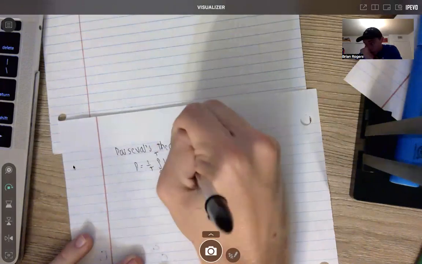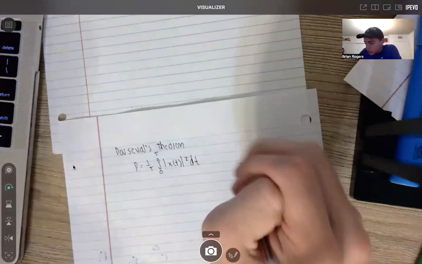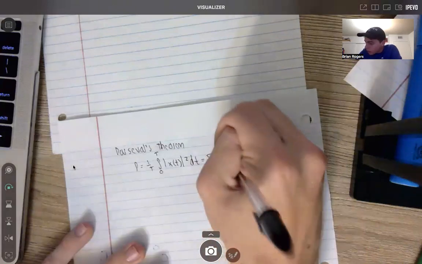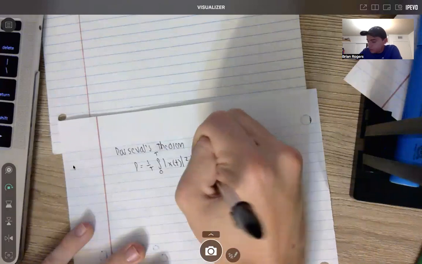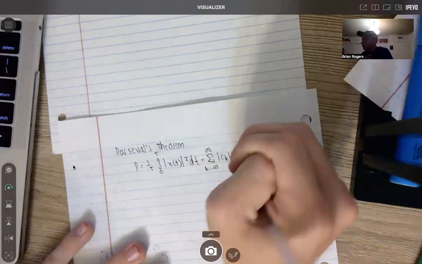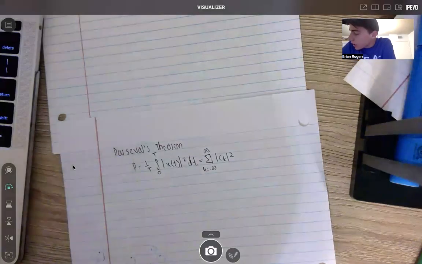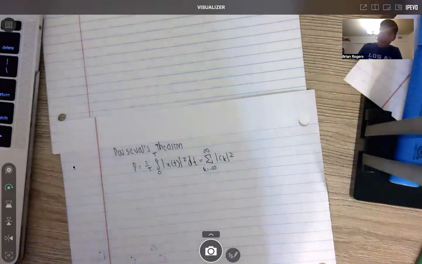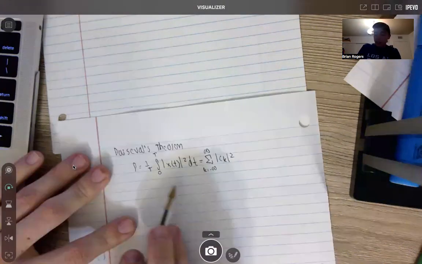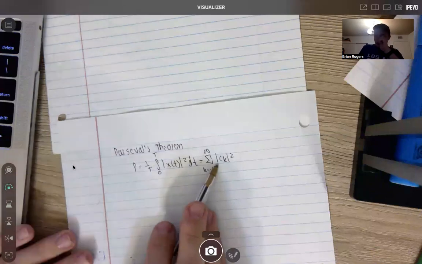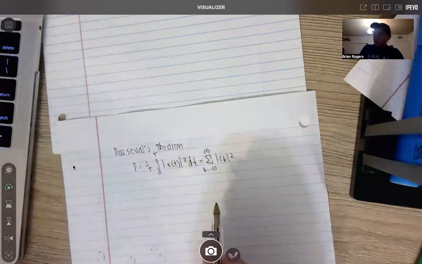It's going to be equal to the summation of the magnitude of c_k squared, with k equals negative infinity to infinity. This is just saying that the average power of a periodic signal in the time domain and the energy seen in the frequency domain are the same. And so that is a very important note.